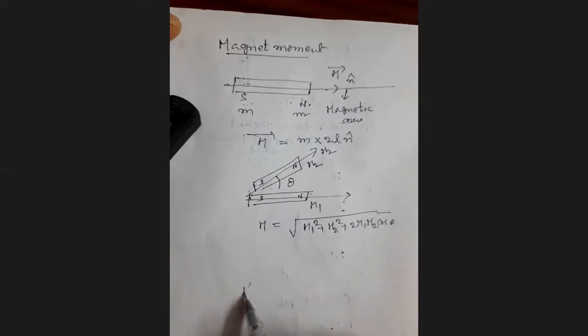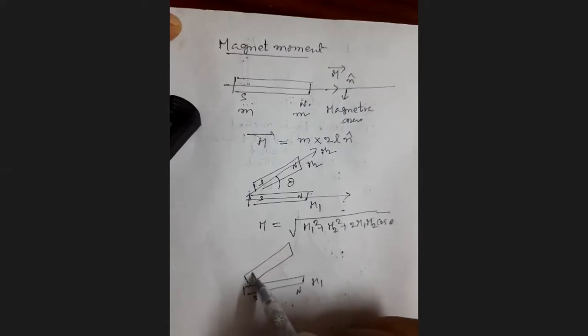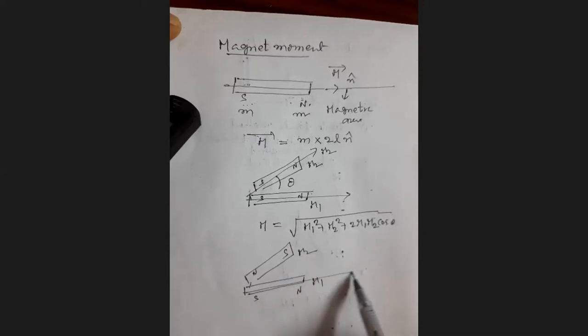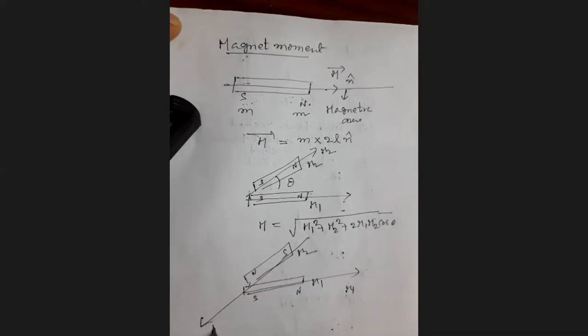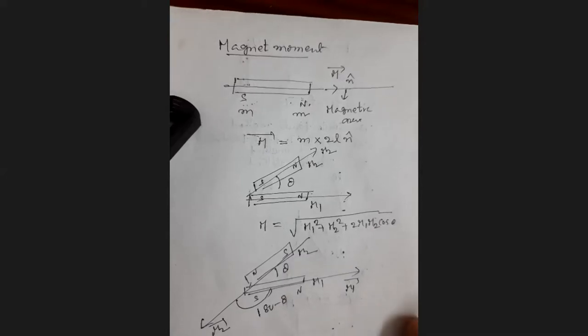So you see one more application. Two bar magnets of moments M1 and M2 are kept with some angle theta such that their unlike poles are touching. The direction of M1 is south to north. This is M1 bar direction, and this is the M2 bar direction. If this angle is theta, the total angle being 180, then the angle between M1 bar and M2 bar is 180 minus theta, right?